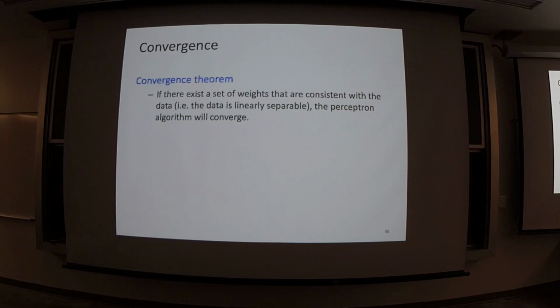So the main conclusions include two theorems. The first is called the convergence theorem. What is the convergence theorem? It says that if there exists a set of weights that are consistent with the data, that means the data is totally linearly separable, we can always find a separating hyperplane which perfectly separates all the positive examples from all the negative examples, then the perceptron algorithm will always converge.